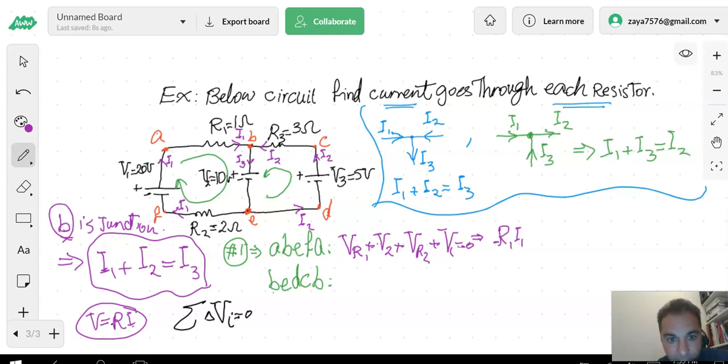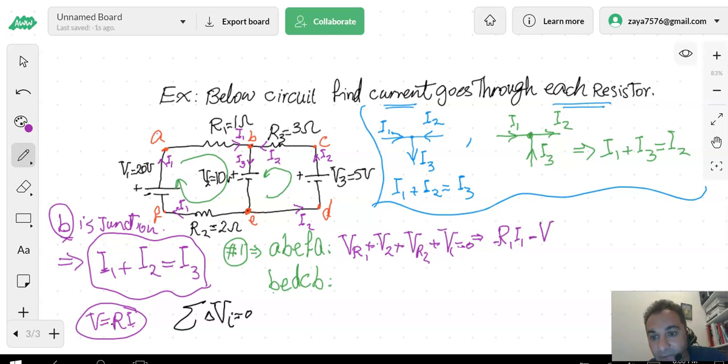Now, you go from B to E. Pay attention. Now, I meet a battery. When we reach a battery, guys, you don't need to care what the direction of current is. Just look at this. If you go from positive to negative, your voltage here is negative.